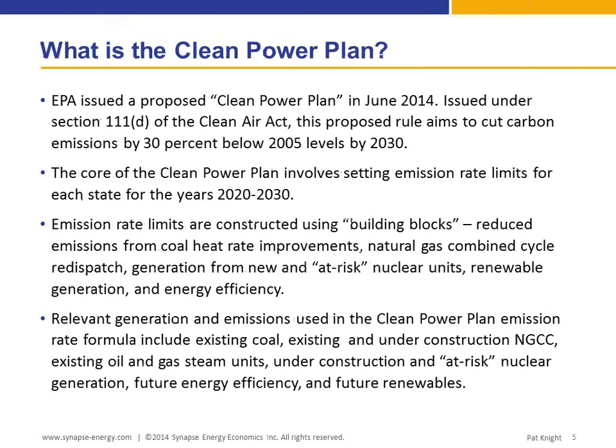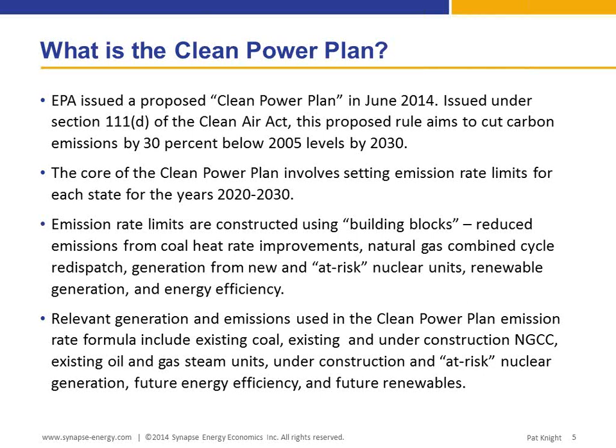So I'm sure a lot of people on this call today already have a good understanding of what the Clean Power Plan is. But I thought it would be helpful to pause here and talk a little bit about it, specifically the parts of it that relate directly to CP3T. So EPA issued a proposed Clean Power Plan in June 2014. The core of this plan involves setting emission rate limits for each state for the years 2020 through 2030.